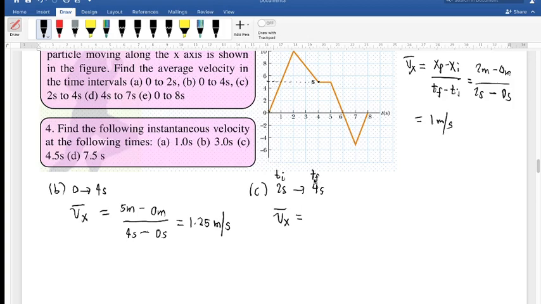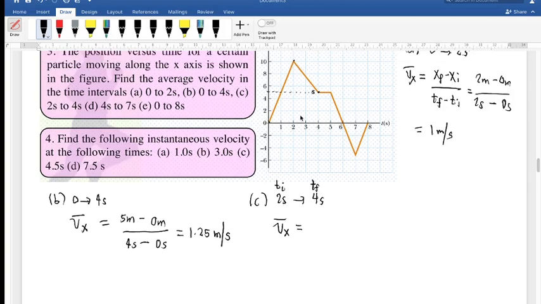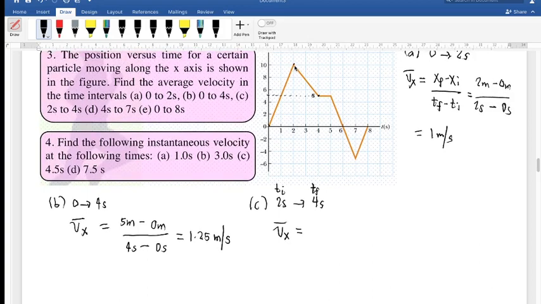At the initial time, 2 seconds, the position is 10 meters. The formula is XF minus XI divided by TF minus TI.